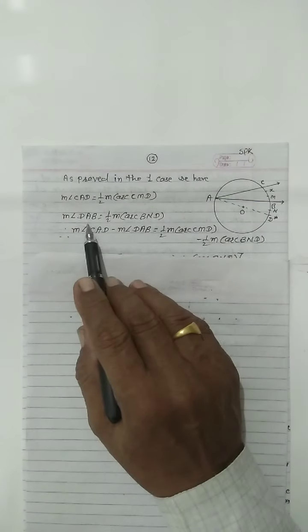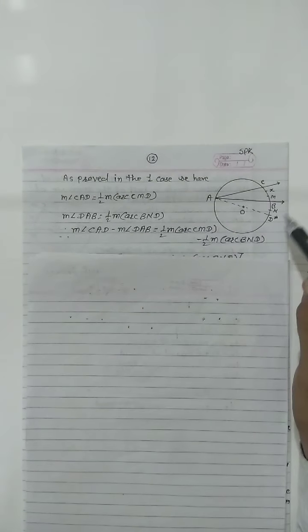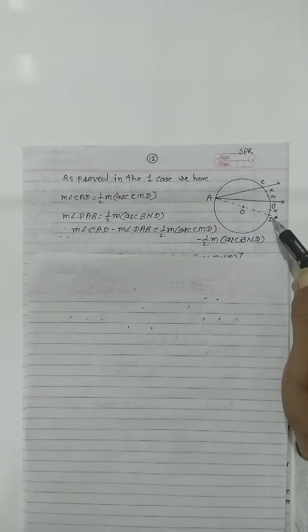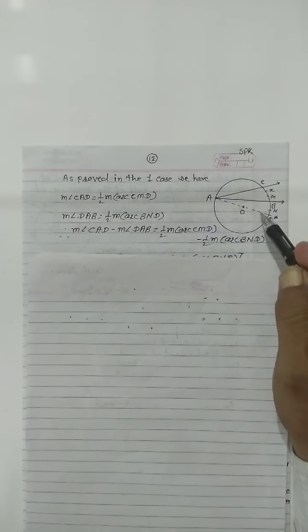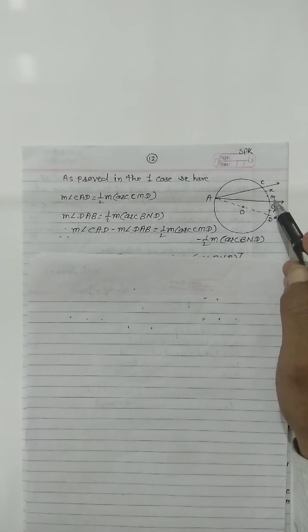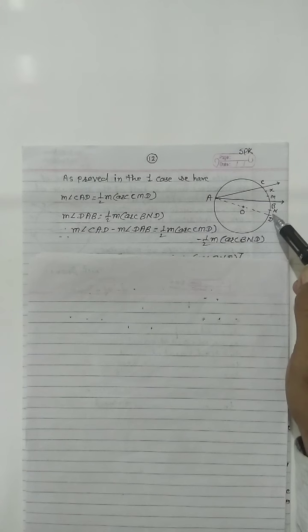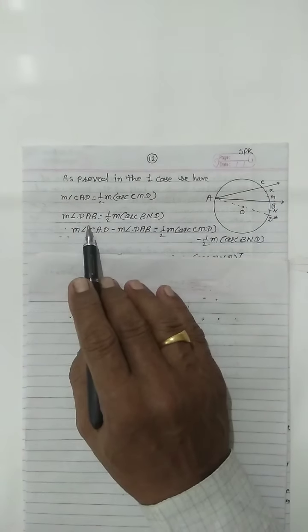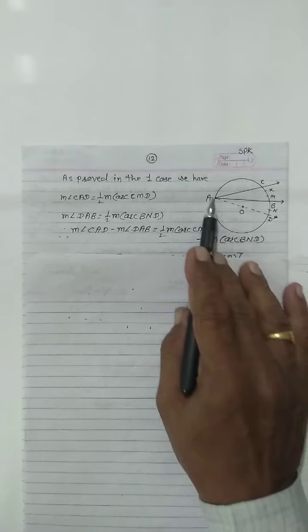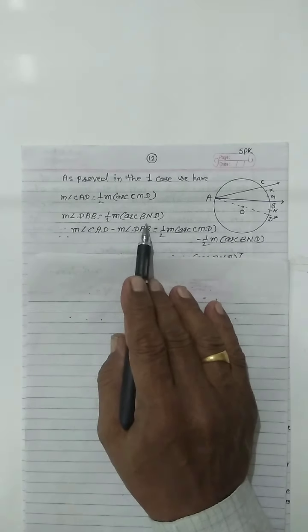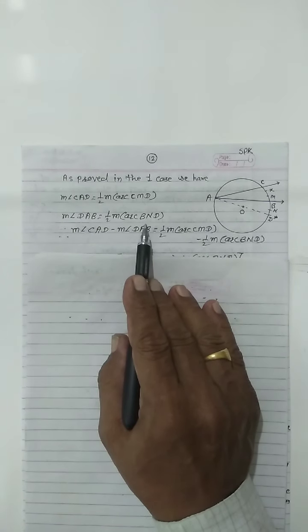Then measure of angle DAB equals 1/2 measure of arc BND, started from this point B, N, D. Means measure of angle DAB equals 1/2 measure of arc BND.